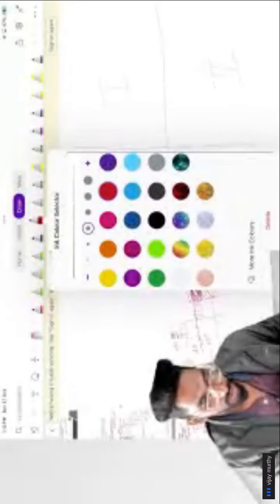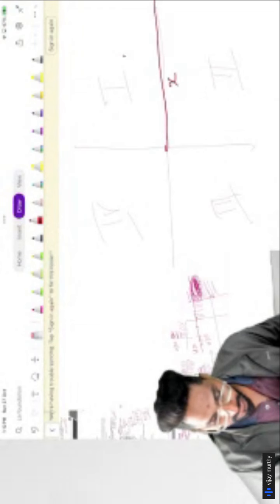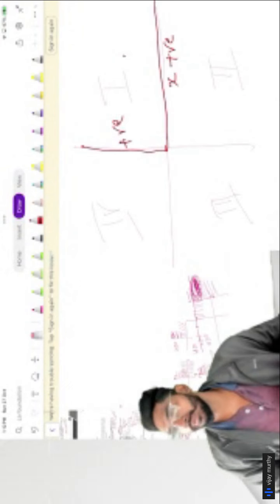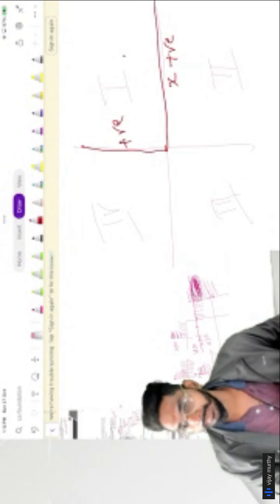This is quadrant 1, this is quadrant 2, this is quadrant 3 and this is quadrant 4. In quadrant 1, x is also positive, y is also positive. Then you get quadrant 1. Understood?